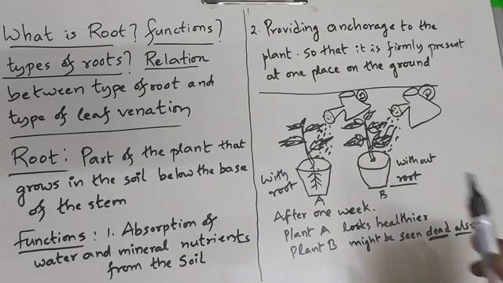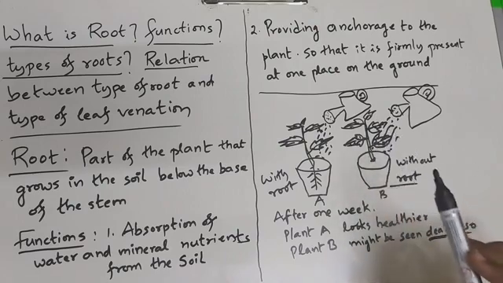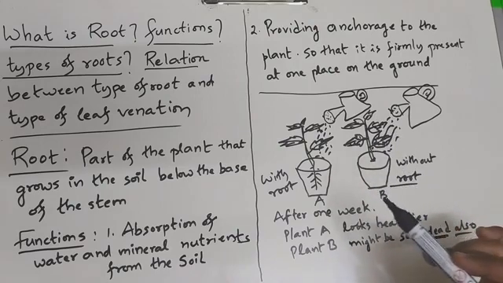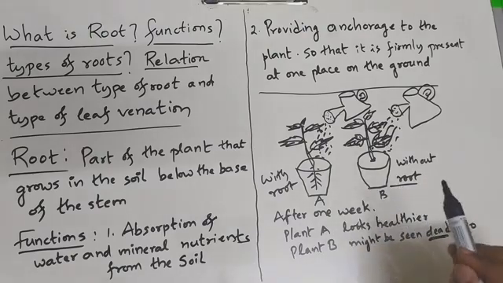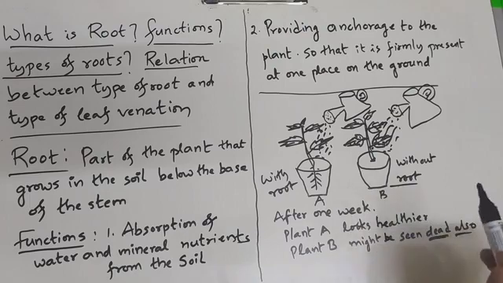Sir, you have told that the stem conducts water to the leaves. But if the stem is supplied with water, then it will conduct. To supply water, water must be absorbed.